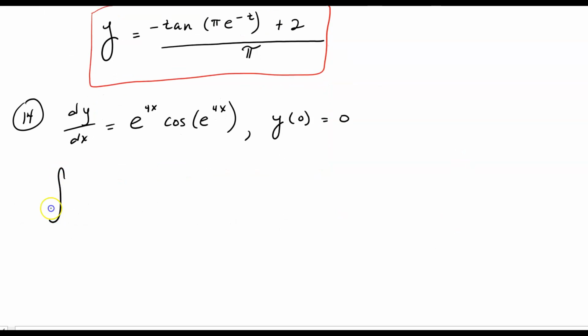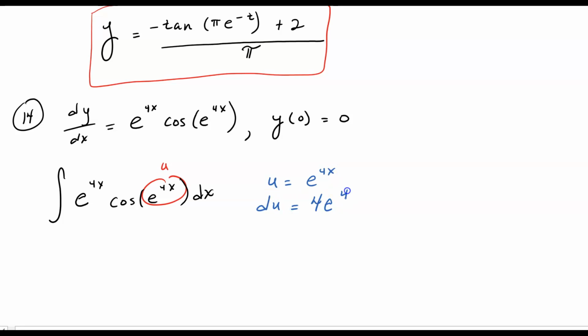So now we integrate. All right, let's see what that looks like for us. We're going to say this is u. So u equals e to the 4x, making du 4e to the 4x dx. And so we've got that in play there.